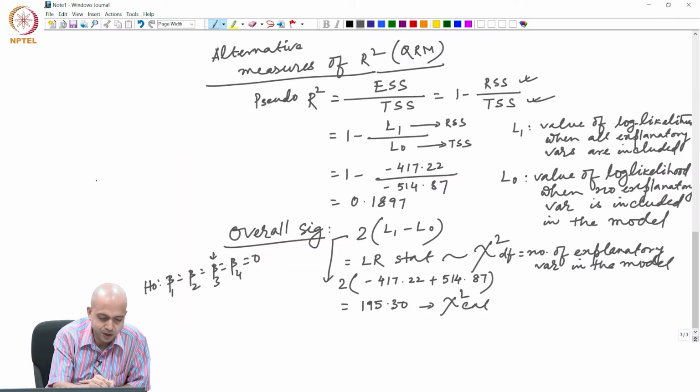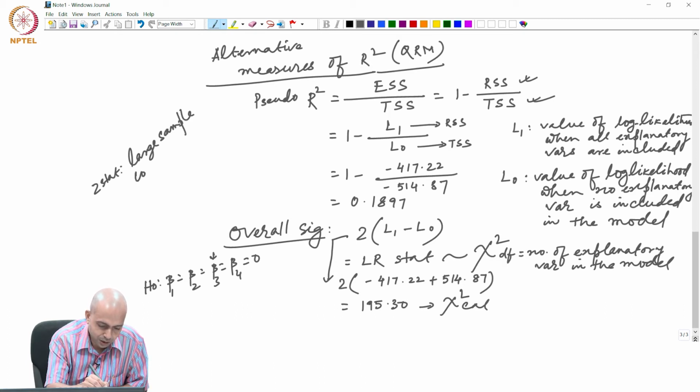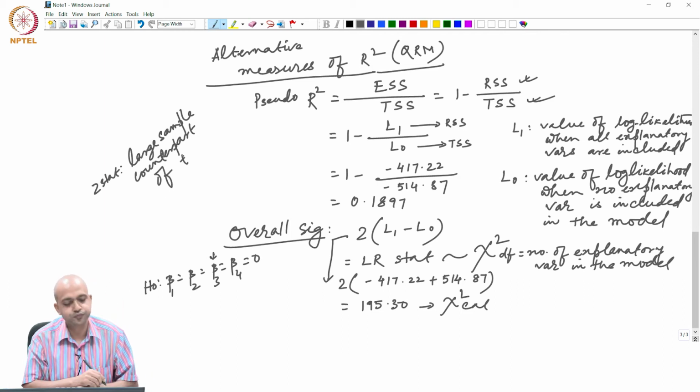You have to remember that the z stat is the large sample counterpart of t.